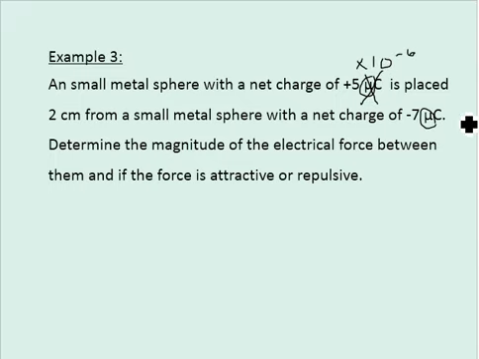You don't even really have to do any conversion. If you know what the prefix means, you can just replace the prefix with its scientific notation replacement. Okay, so here we're going to do that. That makes things a little easier for us. We can plug them in right away in coulombs into our Coulomb's law.